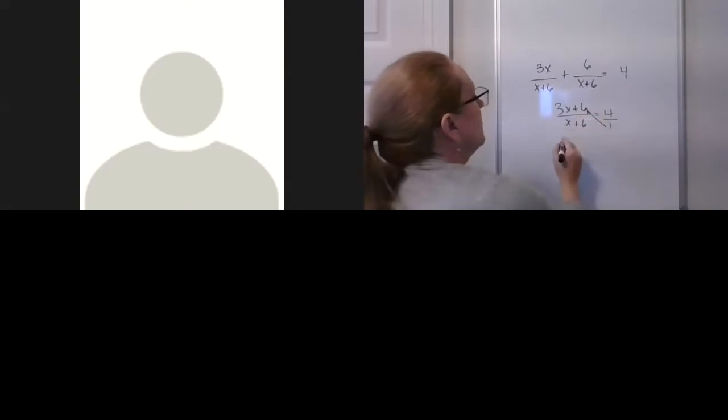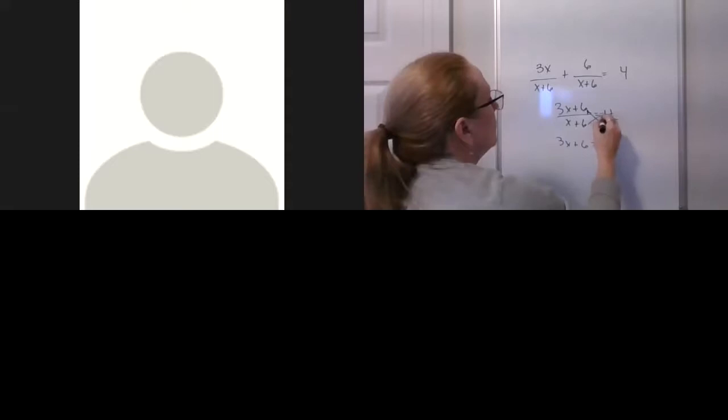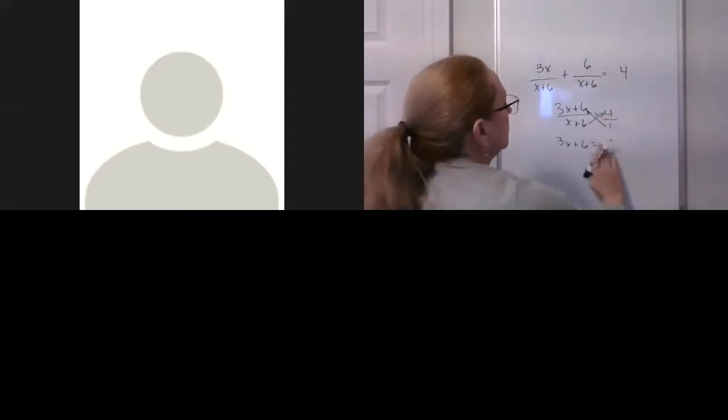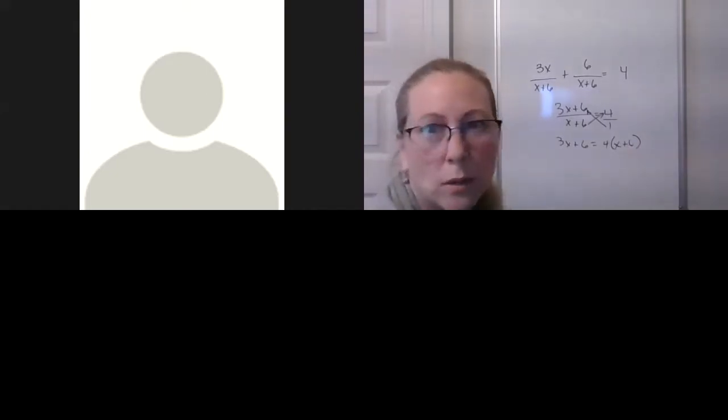So now 1 times 3x plus 6 is 3x plus 6 equals x plus 4 times 4. Now, some of you might be tempted and see, can I factor out a 3 there?